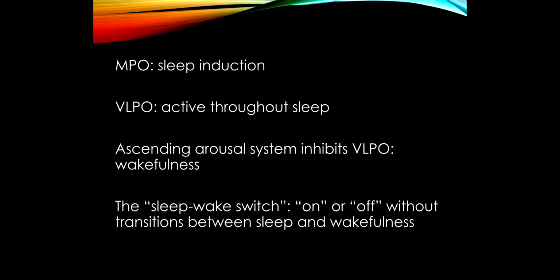So there's this tension between the ventrolateral preoptic area and the ascending arousal system, and this really does work like an on-off switch, which is a good thing, because if it didn't happen like that, we'd have hours of transition between falling asleep and waking up. But instead, when we fall asleep, it's very quick. And when you wake up, there's a little bit of grogginess, but we're alert and awake quickly. So this really is what we think of as an on-off switch.